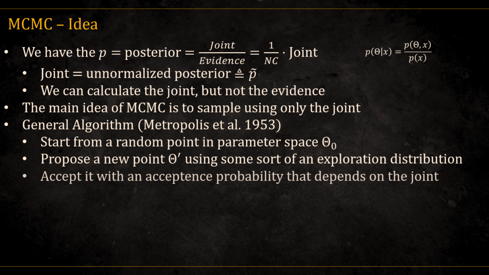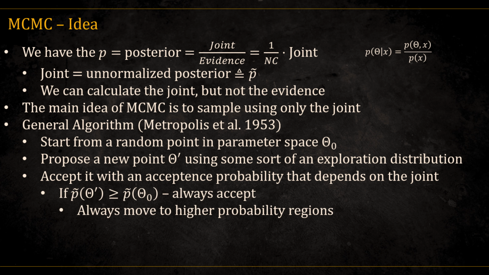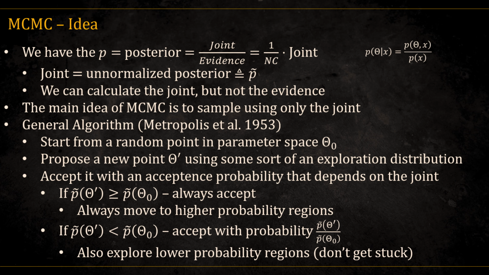The proposal is accepted with a probability that depends only on the ratio of the joint densities. If the new point has higher joint density, we accept it. If it has a lower density, we accept it with a probability equal to the ratio between the two. This mechanism allows the chain to move through low probability regions and prevents it from getting trapped in local modes.